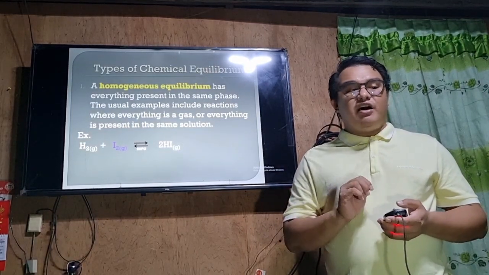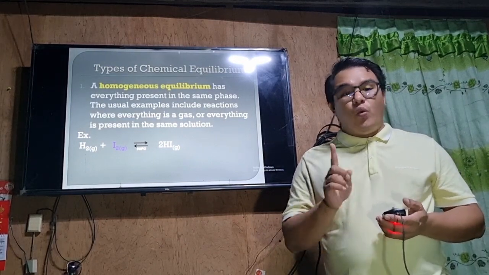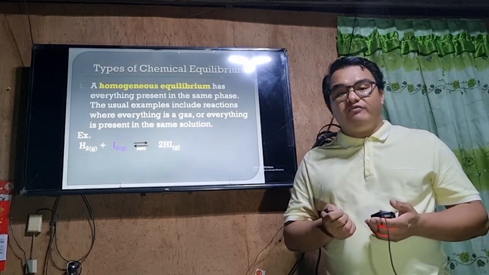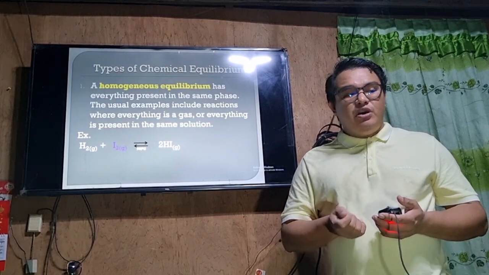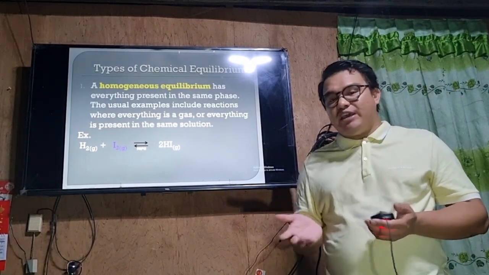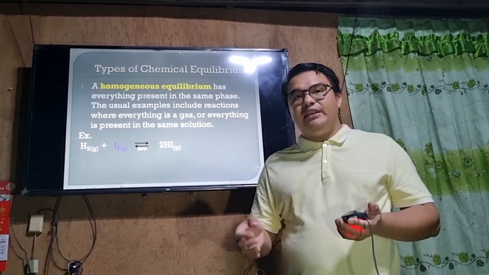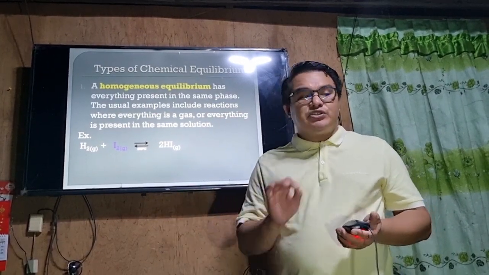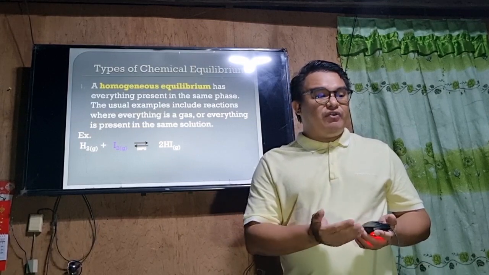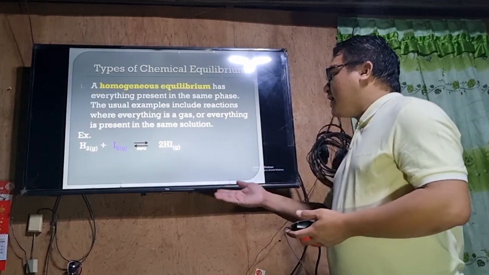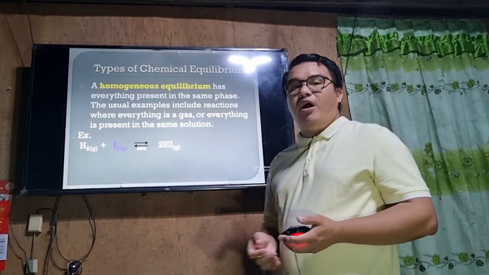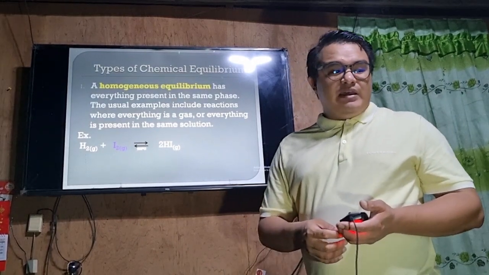There are two types of chemical equilibrium. One is the homogeneous equilibrium, which has everything present in the same phase, for example, solid and solid, liquid and liquid, and gas and gas. Like we have here, for example, hydrogen gas and the vapor of iodine.